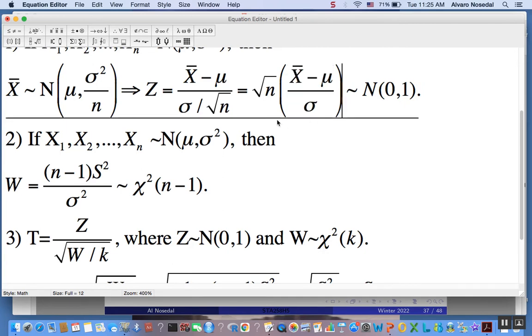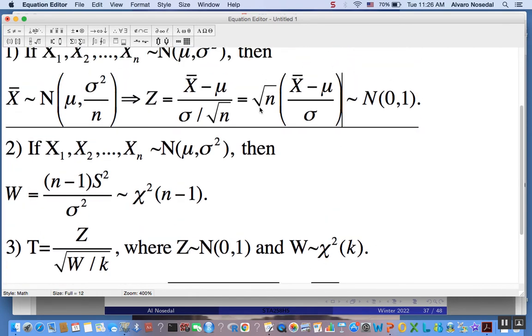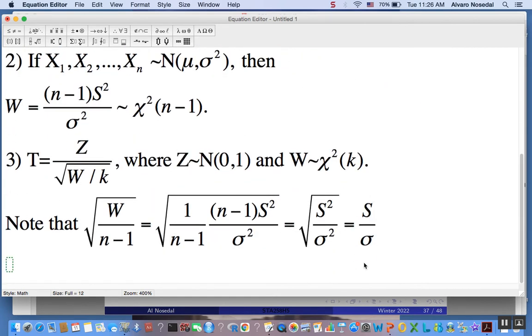Can you see that that's the same? Instead of having x bar minus mu divided by sigma, which is divided by the square root of n, that square root of n could go here, right? Multiplying, it's the same, right? Okay, so now we just do this divided by this.